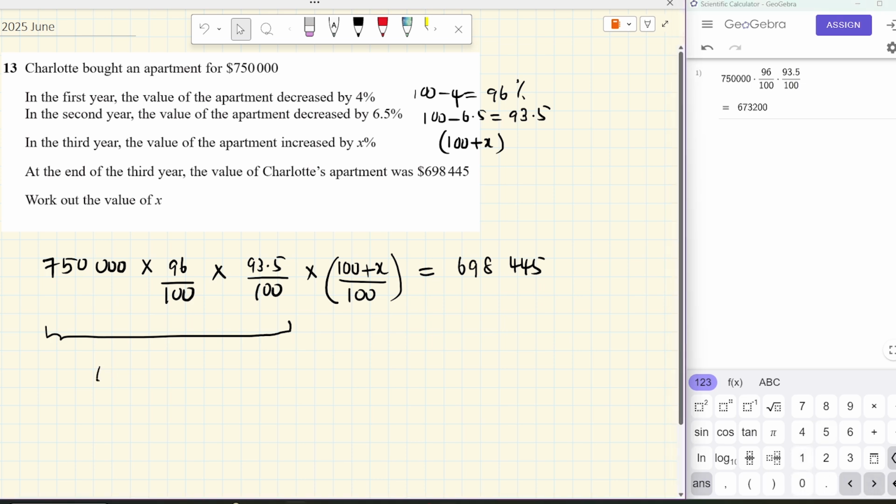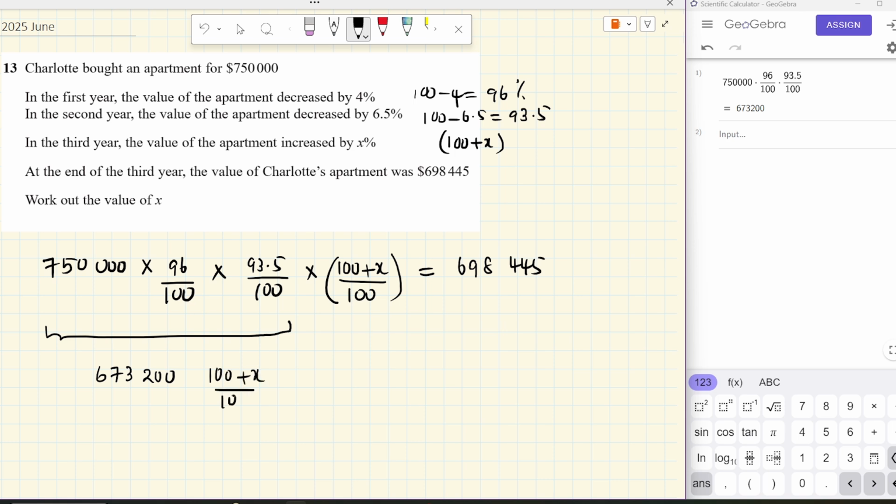That is 673,200 times 100 plus X over 100 equals 698,445. So I need to subtract this bracket. Then I have to divide both sides by 673,200. These two get cancelled.